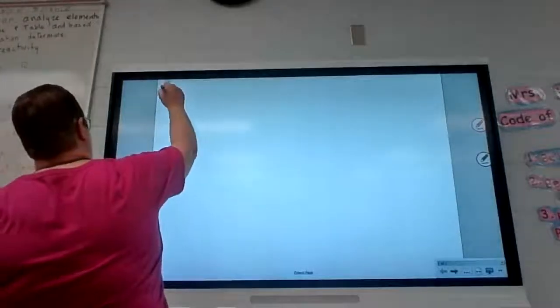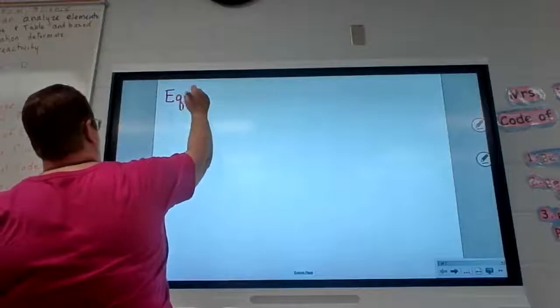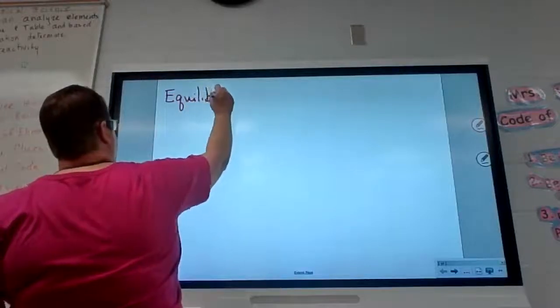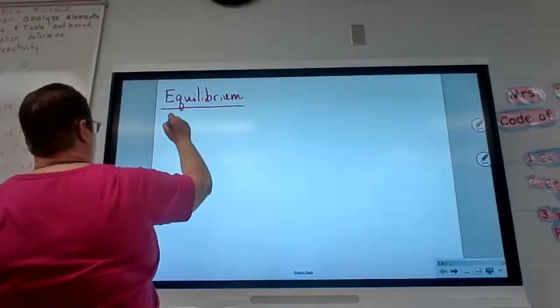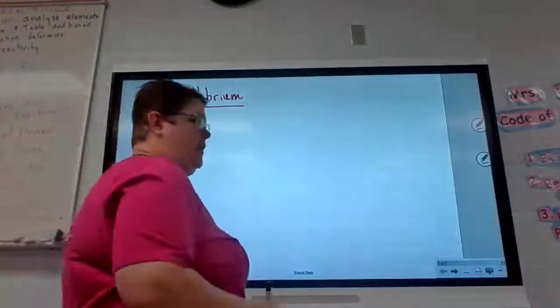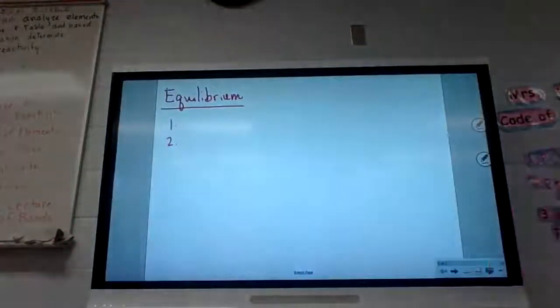All right, so yesterday, we wrote down the definition for equilibrium. Before you left, we talked about two important parts. I'm not going to write the definition again, but we'll go back to the two important parts. What do we say the two important parts are in the definition for equilibrium?